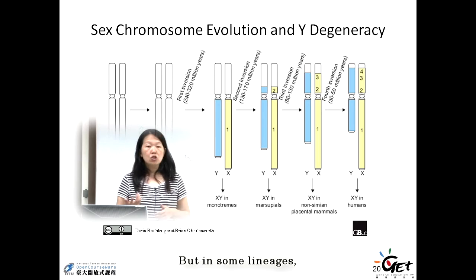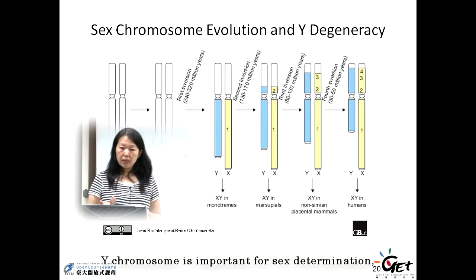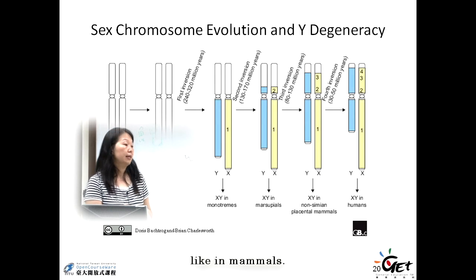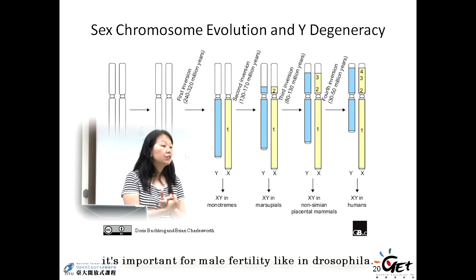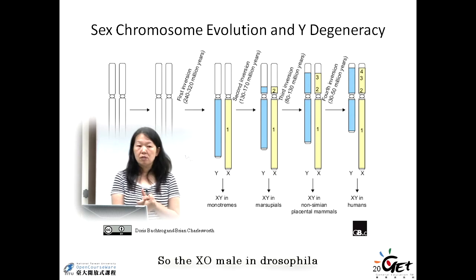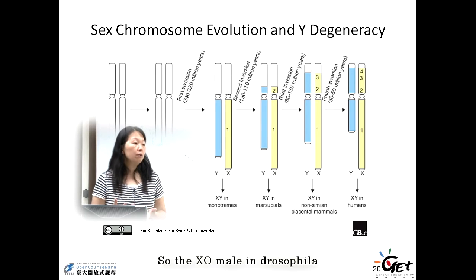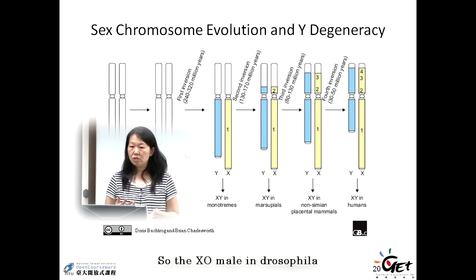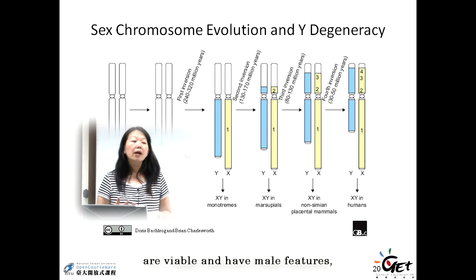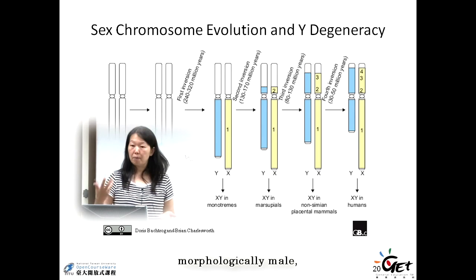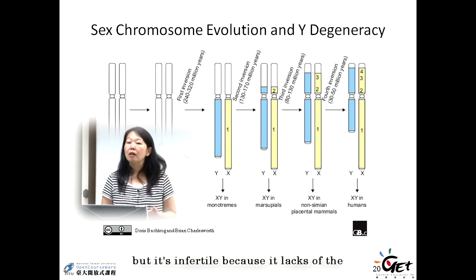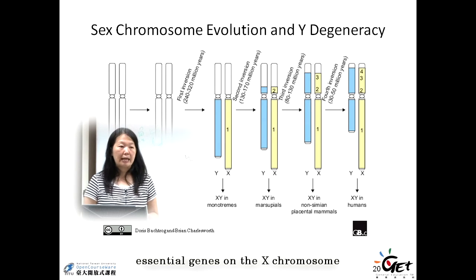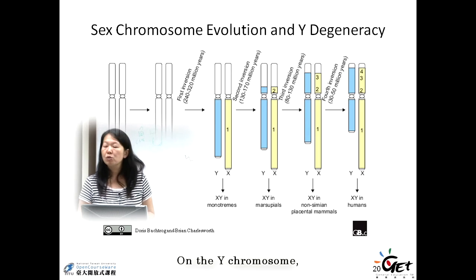But in some lineages the Y chromosome is important for sex determination, like in mammals, or for male fertility, like in Drosophila. XO males in Drosophila are viable and morphologically male, but they are infertile because they lack the essential genes on the Y chromosome for male fertility.